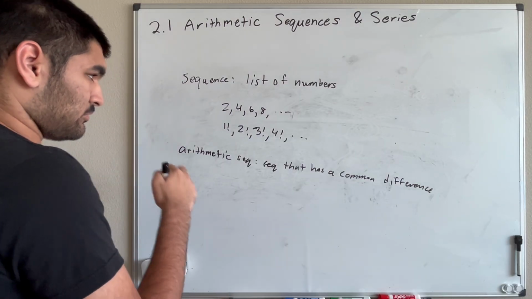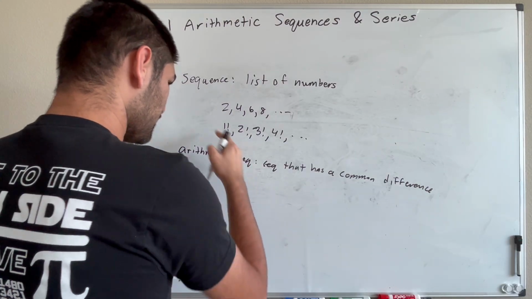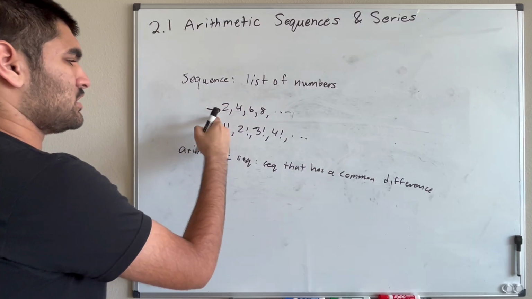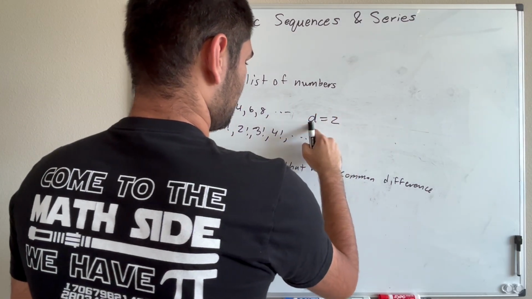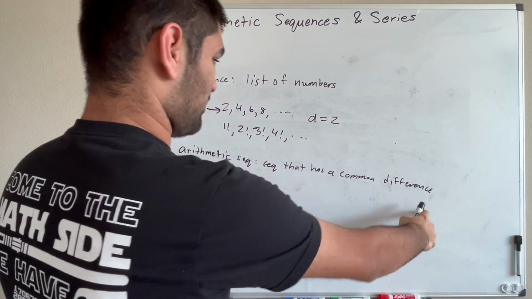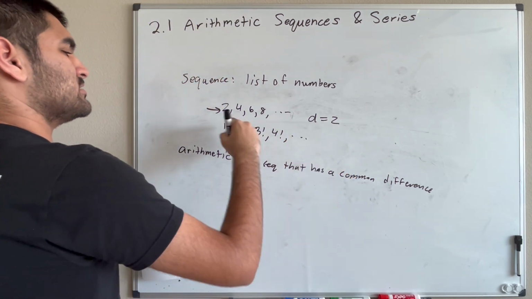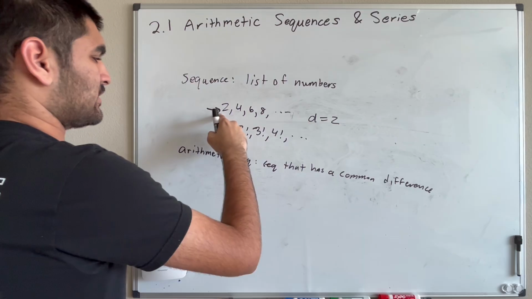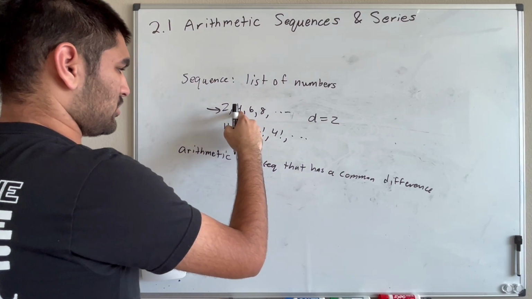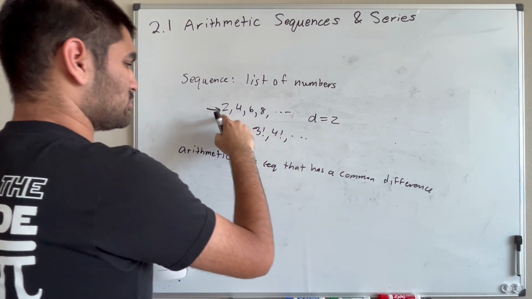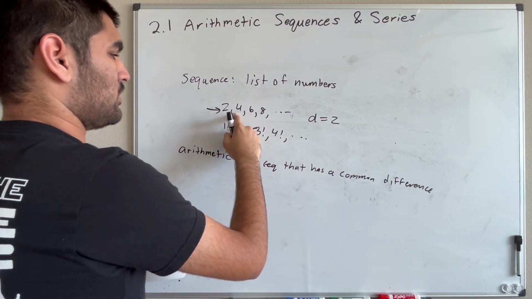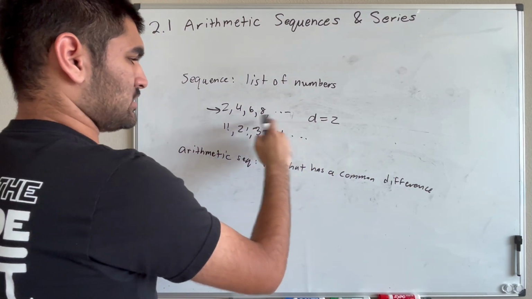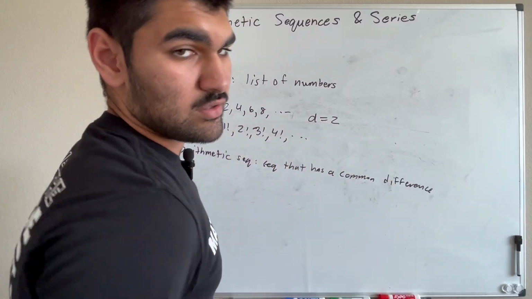Some examples are like this right here. This is an arithmetic sequence because here our common difference is 2, so our d is equal to 2. D will be used to represent our common difference. So d is 2 means that to get the next number in the sequence, you just have to add the common difference to the previous term. So 2 plus the common difference 2 gives us 4. 4 plus 2 gives us 6. 6 plus 2 gives us 8, and so on.